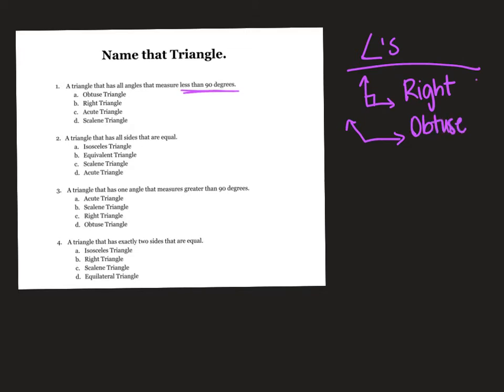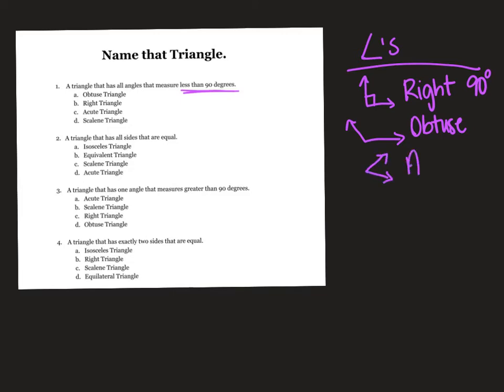Okay, remember, a right angle is exactly 90, and obtuse is greater than 90, so it would be from like 91 to 179 because it can't be a straight angle. All right, the last one we need to look at is smaller than 90, less than 90 degrees.